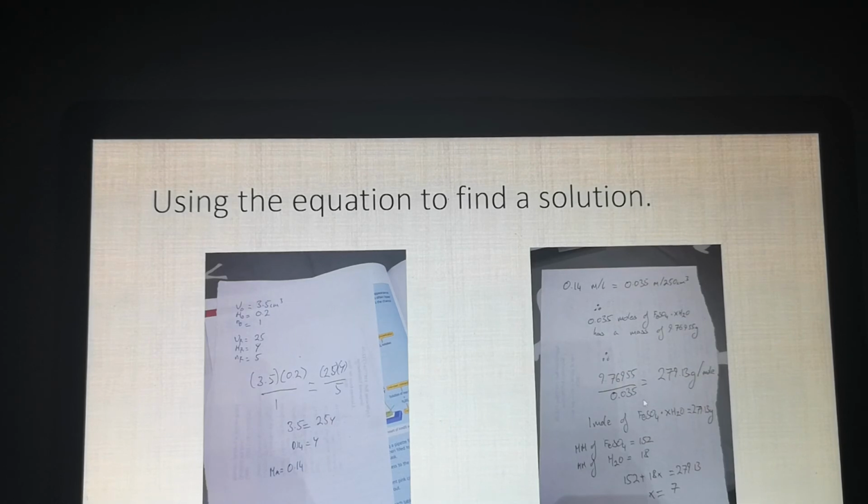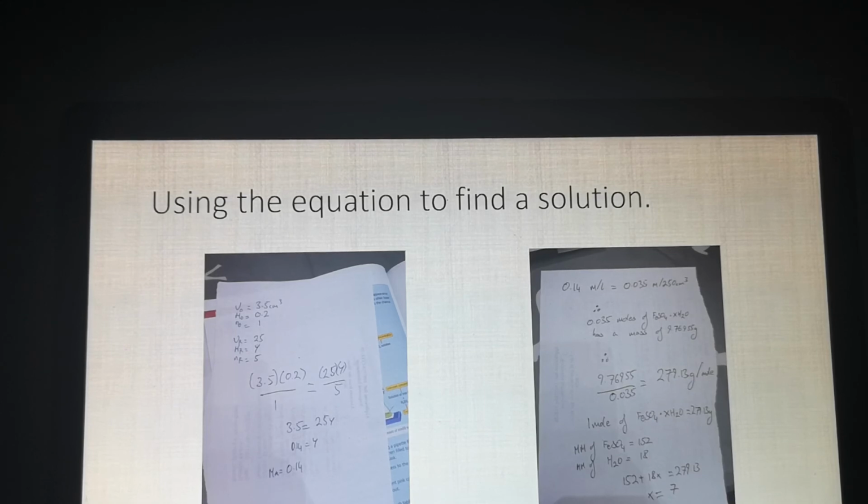So we divide 9.76955 by 0.035, which is equal to 279.13 grams per mole. 1 mole of iron sulfate with H2O is 279.13.